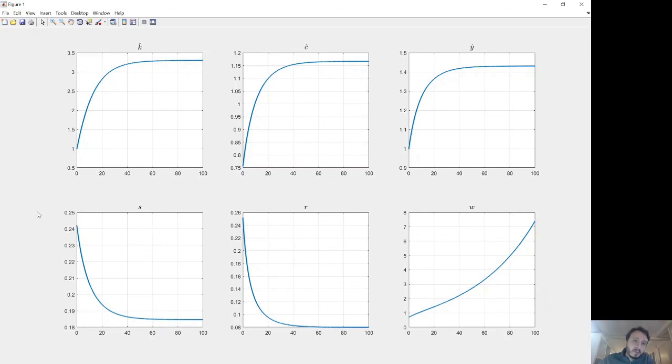There is also a parameter combination in which the savings rate is fixed. So in this case, we have a decreasing savings rate during the convergence. And since capital increases, the interest rate decreases. And we also have an increasing wage rate. Remember, population is increasing, so the wage rate increases forever in this model.